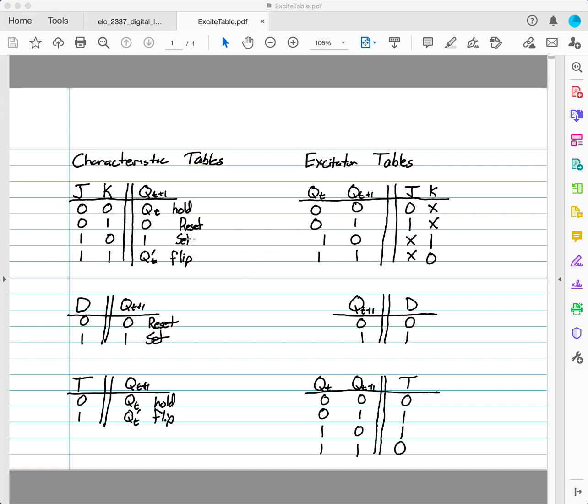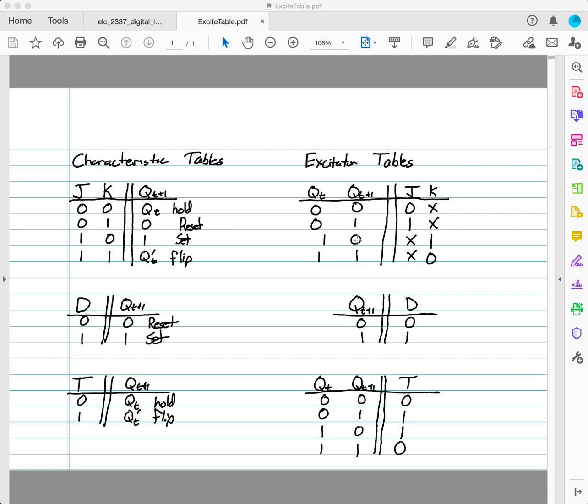So I could do either a set or a flip. Whichever one I do, J is equal to 1. So you can see that J is equal to 1 in the excitation table for the 0, 1 row. And K doesn't matter. If K is equal to 0, it sets the bit. If K is equal to 1, it flips the bit, but it's flipping a 0 into a 1. Either case, I end up with what I want.